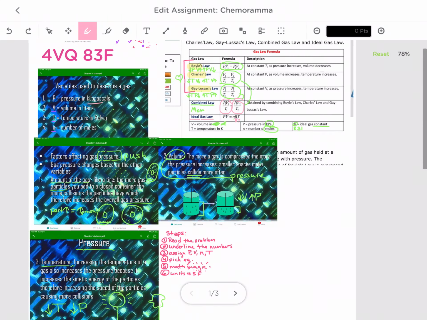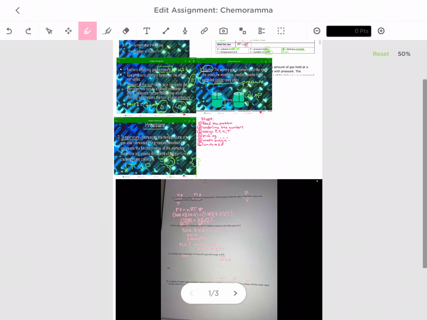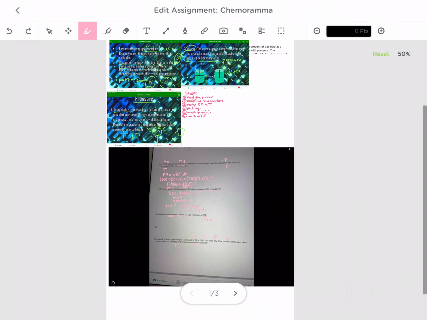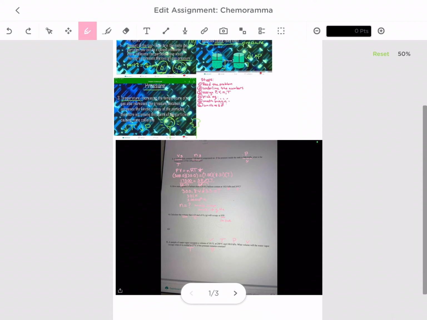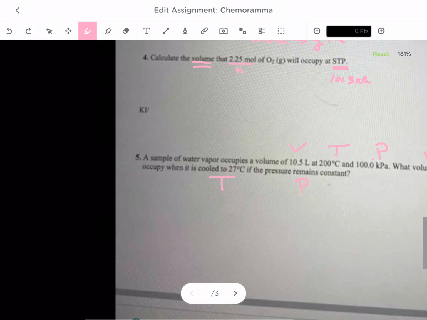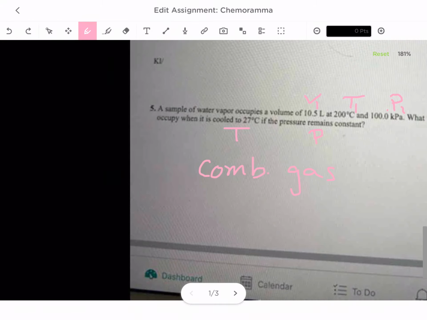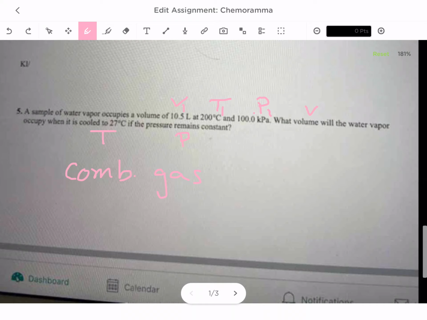If you can't get number 5, let me know and I can help you through it. But I am going to sign off this video right now because it's getting really long. So if you need help with number 5, I'm going to write you a little note on it. This is combined gas laws. This is V1, T1, and P1. And then you're solving, this is V2, T2, and P2.